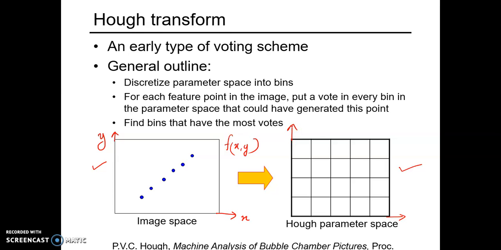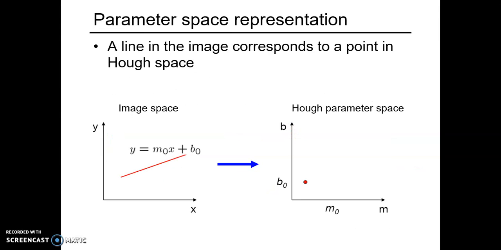Now, how can we detect a line in the image space? You know that the mathematical representation of a line is y = m0 x + b0. For each value of x and y, you get a corresponding point along the line, and you can draw the line.